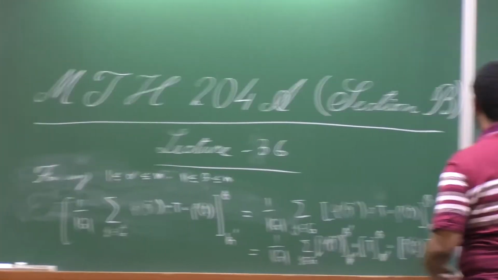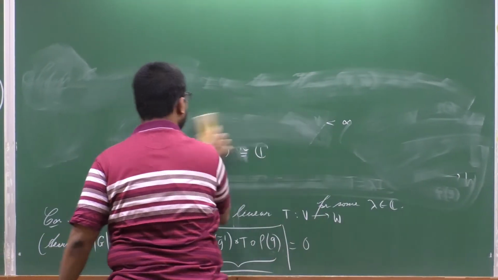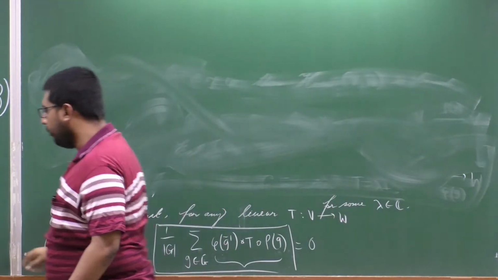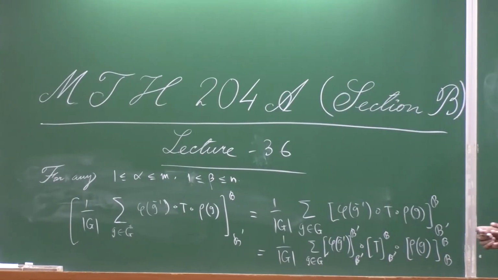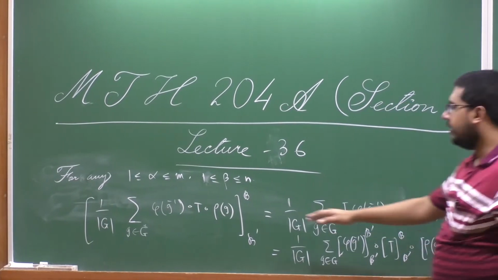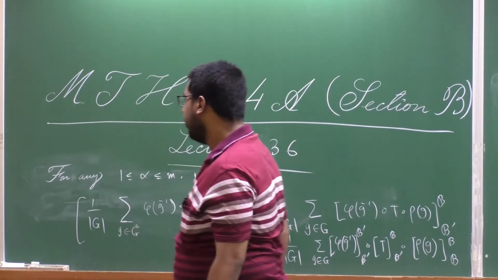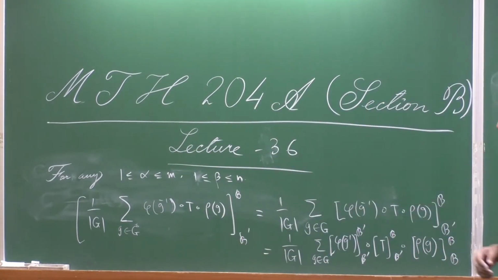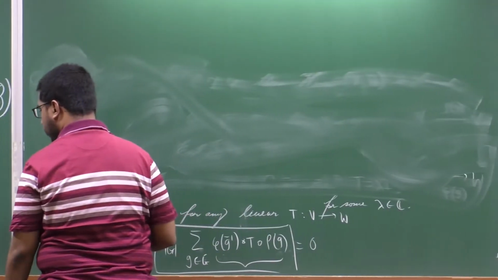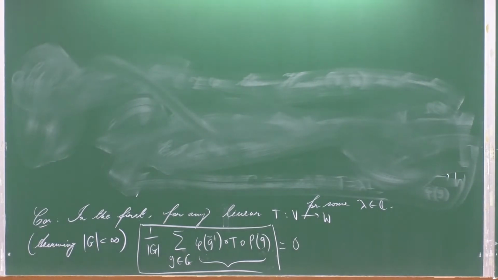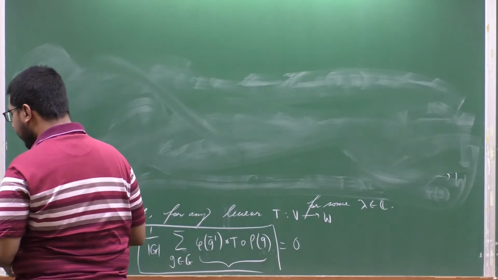So therefore what we do is compute the entry at the alpha beta position for each of these summands, and their sum is going to be the entry at the position alpha comma beta for the left hand side. So we are now going to make that computation. The computation is not complicated, however it looks somewhat messy, but again it is not difficult.